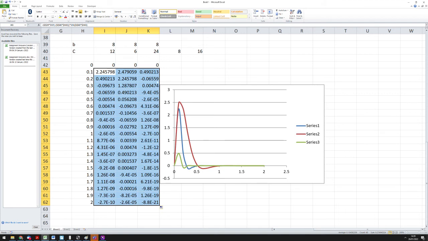Okay, so the effect of halving it, the red line, the effect of doubling it, the green line, and your values, the blue line.